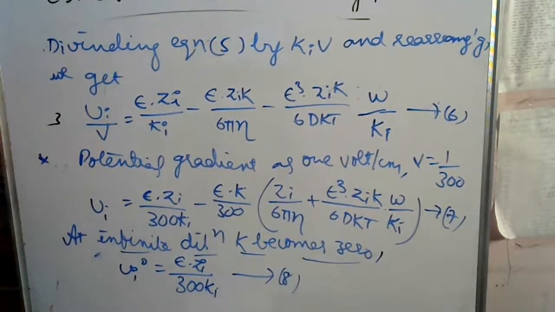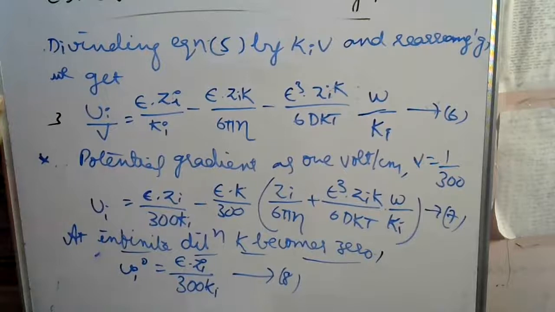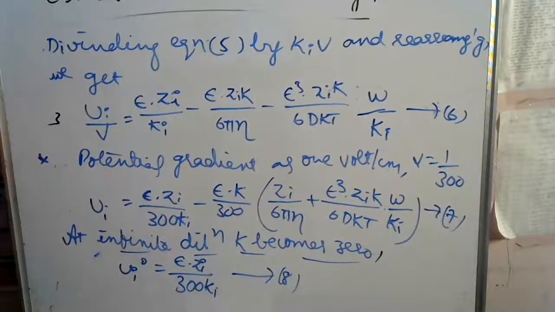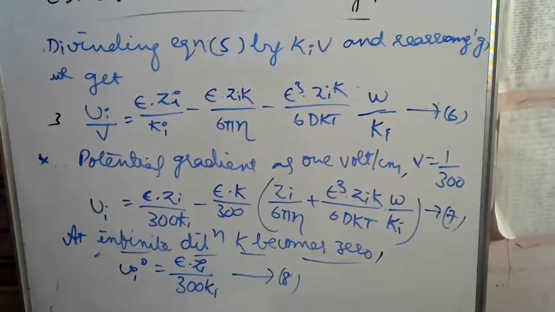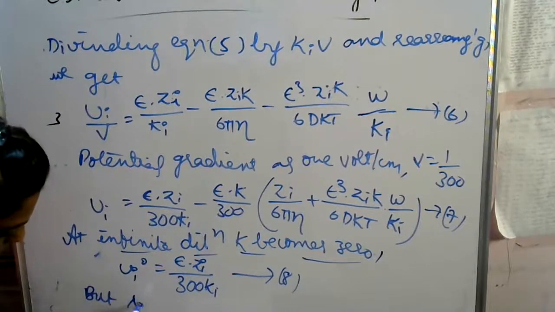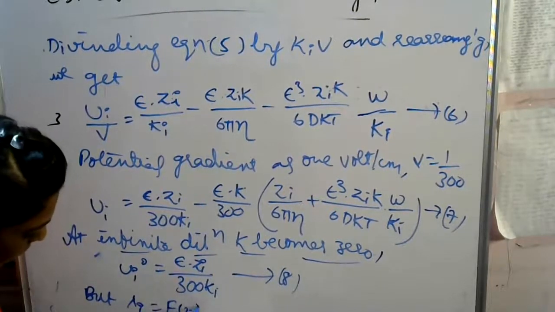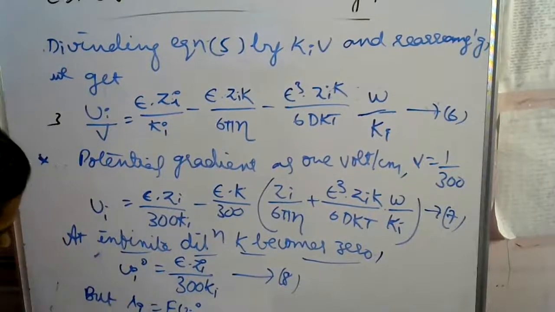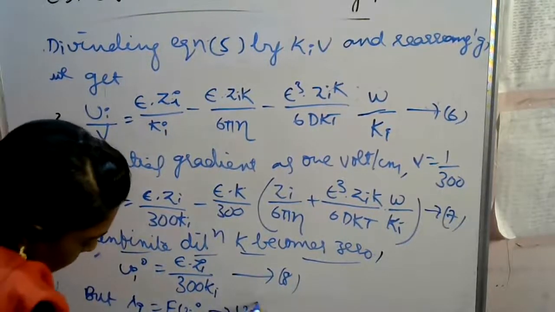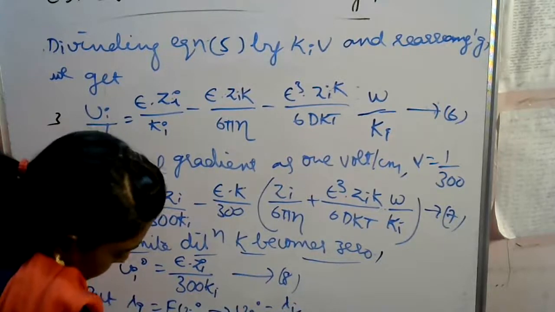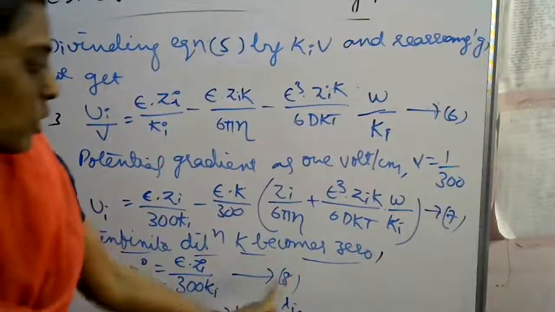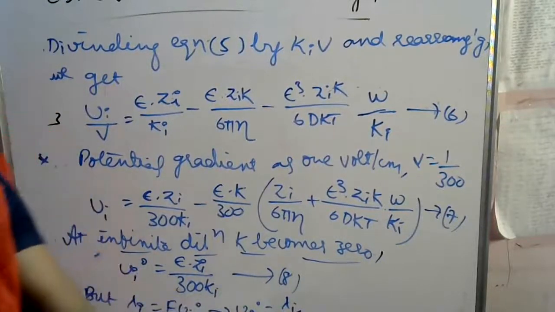But we know that lambda_i is equal to F U_i naught. So U_i naught is equal to lambda_i by F. We have to substitute this term in the place of U_i.